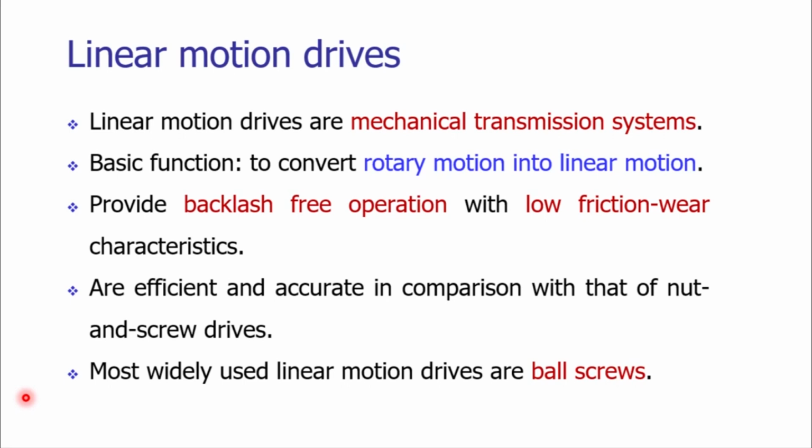We have seen many linear actuators or many linear drives, but the most prominent linear drive is the ball screw based linear drive. It is widely used. So let us study the various aspects of the linear drive which is based on the ball screws.